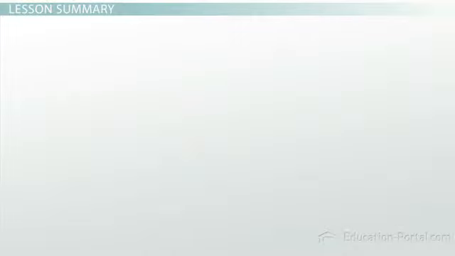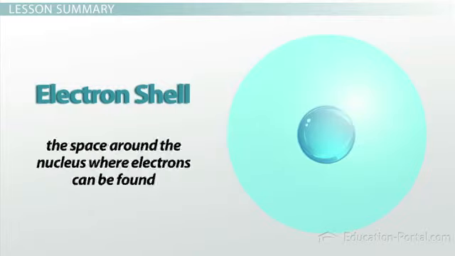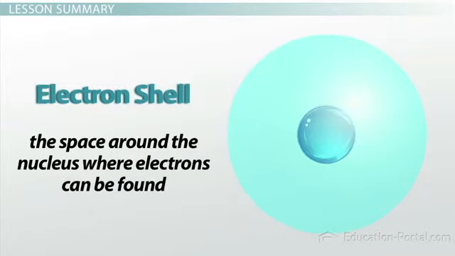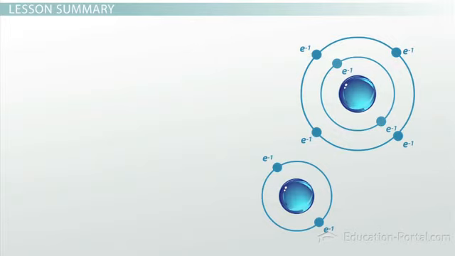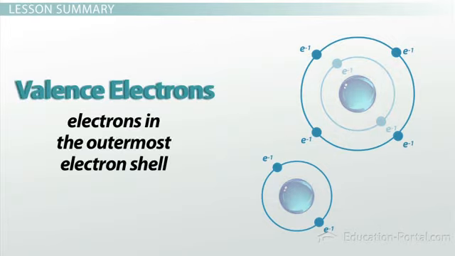So we've learned a lot about electrons in this lesson. We've learned that the electron shell defines a space around the nucleus where the electrons are most likely to be found. We've also learned that this can be referred to as an energy level. And we've also learned that the electrons in the outermost energy level are referred to as valence electrons.